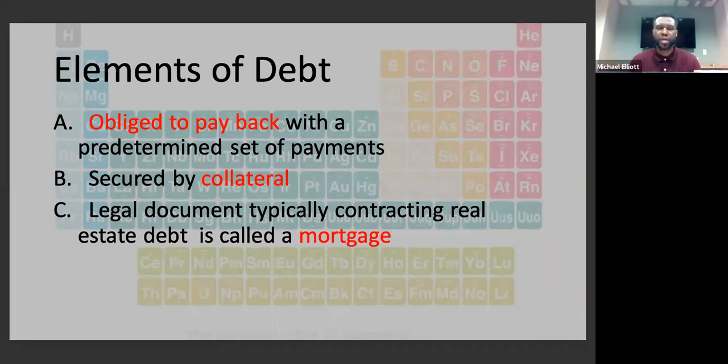Typically, they're going to look at the building or the asset that you're purchasing as the collateral. And finally, debt is going to be backed by some type of legal document, typically a real estate contract called a mortgage. Again, we're familiar with these concepts in the residential personal aspect. It's kind of the same thing when it comes to real estate development as well. Next slide.